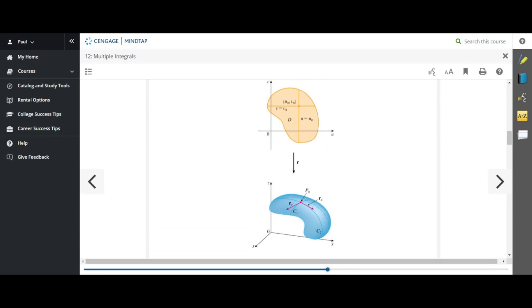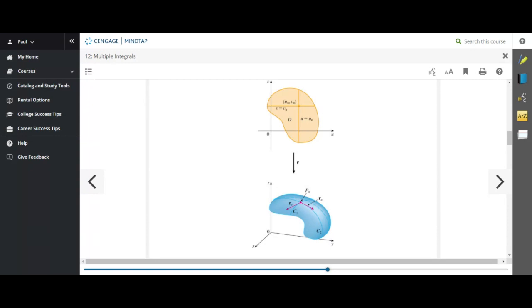That's the vertical line segment, and when you hold the u parameter constant, the vector function would trace out one of those space curves, the one that goes with C1. The second space curve C2 corresponds to holding the parameter v constant, and that's that horizontal line segment on region D.